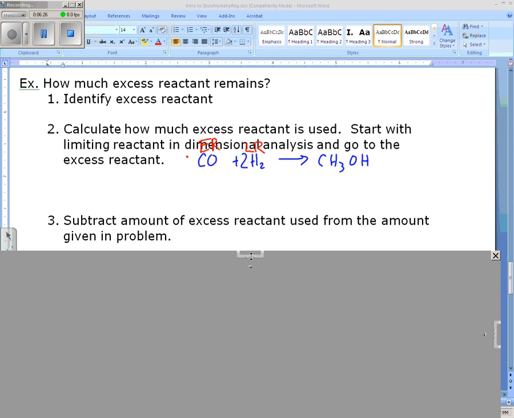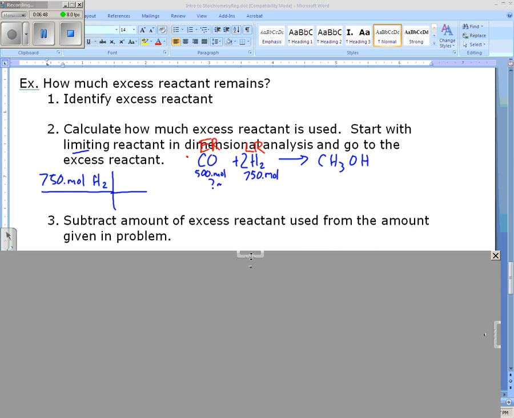Now, I had 500 moles of this and 750 moles of H2. So what we're going to do is we're going to start with the limiting reactant. So 750 moles of H2, and you're going to go to the excess reactant.